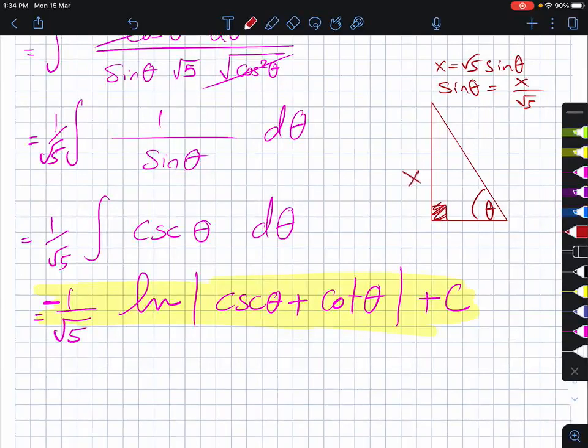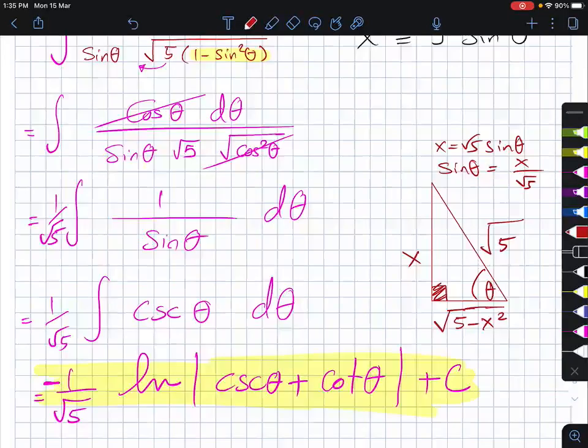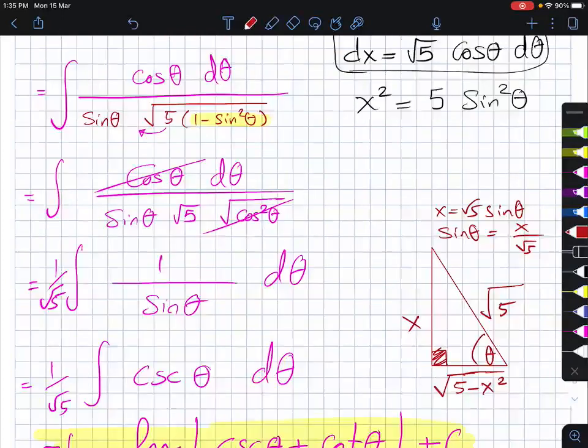The opposite is x and the hypotenuse is radical 5, because sine of any angle is opposite over hypotenuse. The other leg in this triangle will be the square root of 5 minus x squared.